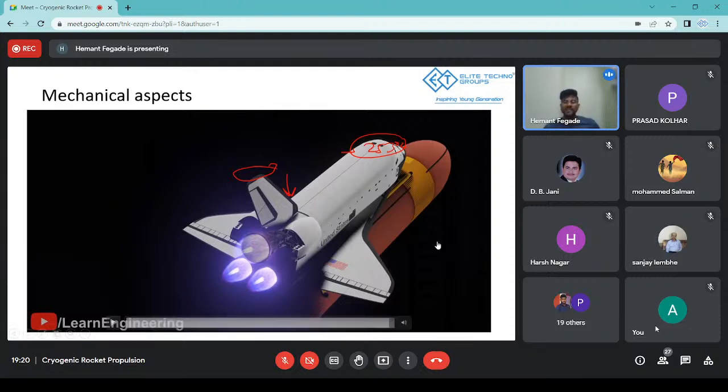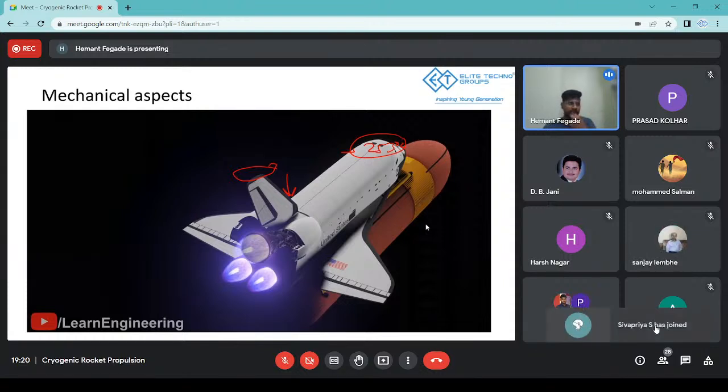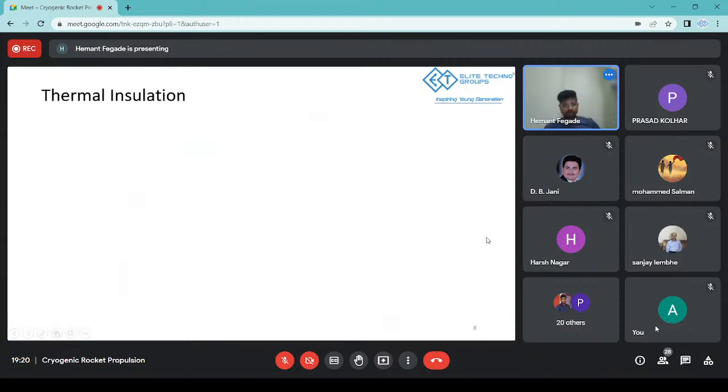So this is how the cryogenic engine is operated, and these are the key challenges. There is a need to work on these challenges and make it functional and operable. So yeah, that's all about it.